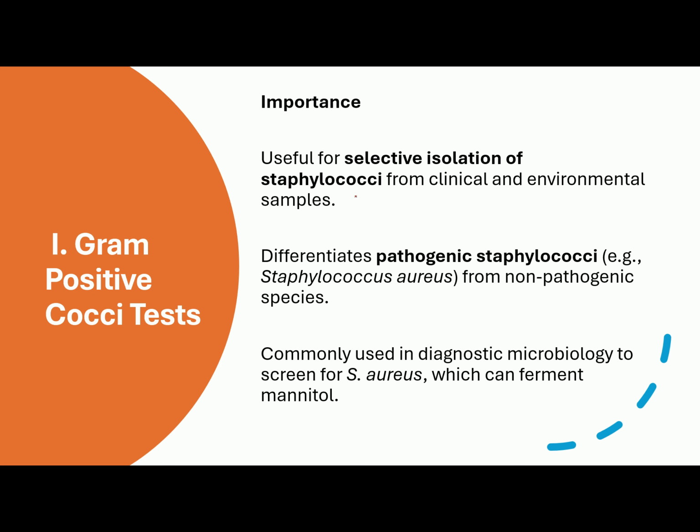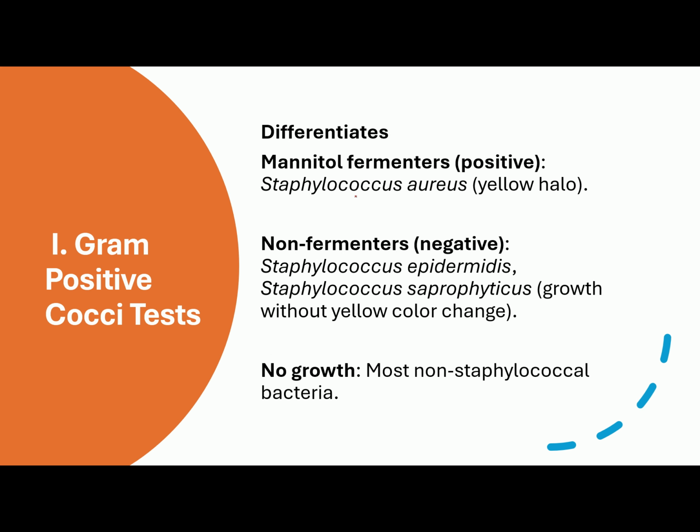Differentiates pathogenic staph from non-pathogenic. Used again for S. aureus, which can ferment mannitol. So it is used to differentiate mannitol fermenters, positive with a yellow halo, Staph aureus, from non-fermenters, negative, Staphylococcus epidermidis, Staphylococcus saprophyticus. No growth, most non-staphylococcal bacteria.